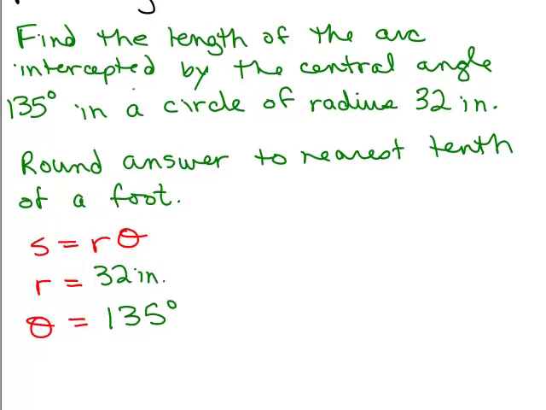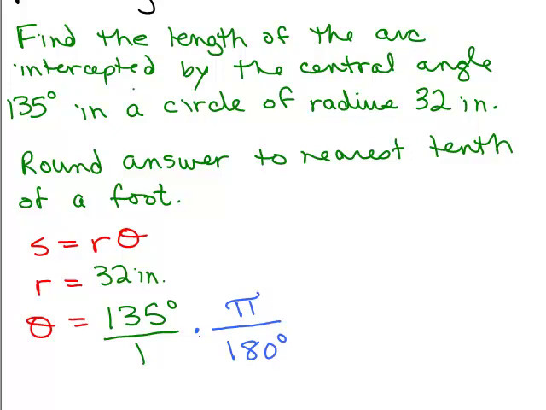So our first step is to change 135 degrees to radians. So how do we do that? I want to get rid of the degrees. So I could multiply this by 180 degrees in the denominator, and that's the same thing as pi, because pi is actually equal to 180 degrees.